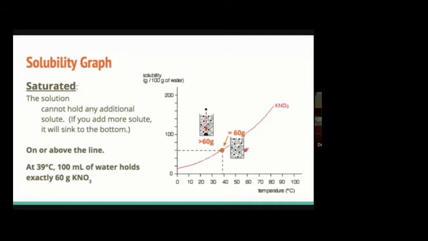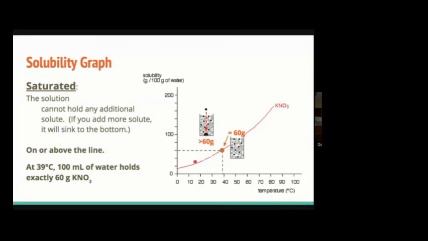However, if we put in 60.1 grams, that 0.1 gram is going to fall right to the bottom and not dissolve. And again, that might be kind of hard to see at first, but it gets more and more obvious as we add more to it, that as those crystals fall to the bottom, we'll start to be able to see them.